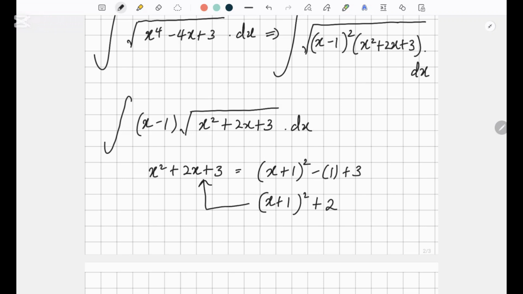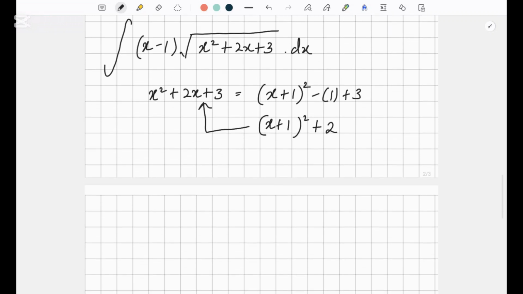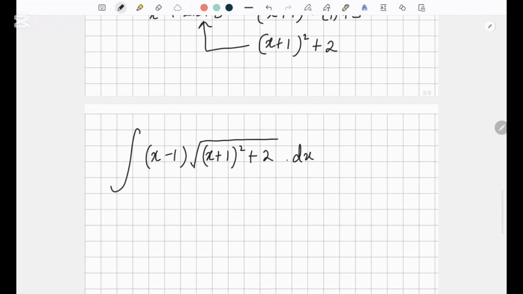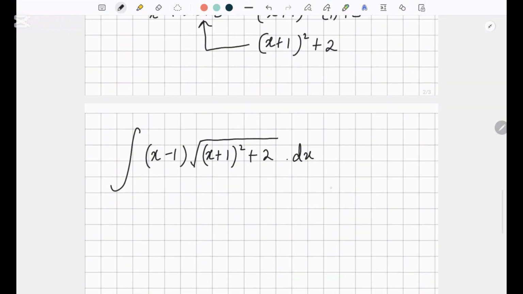If you expand the brackets, you'll see. So now it's x minus 1 into root of x plus 1 squared plus 2 dx. Now I'm going to take a substitution of u equals x plus 1. So du over dx equals 1, right?